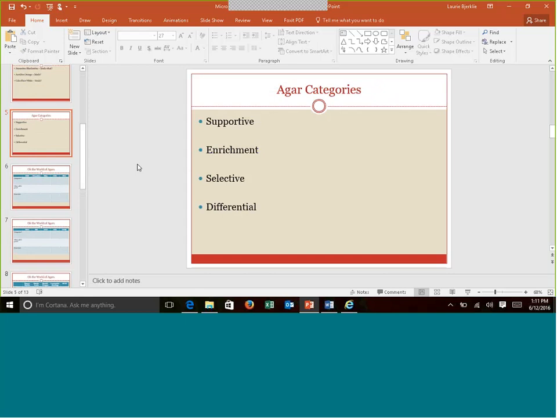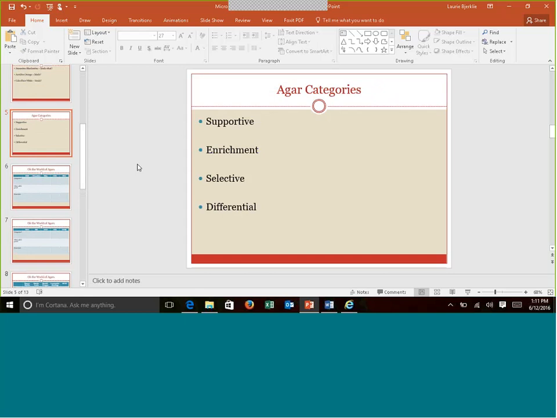Selective has different antibiotics or other chemicals added to it so that you specifically grow just one category of organisms. Common examples are maybe it only grows gram-positives or the auger only grows gram-negatives.